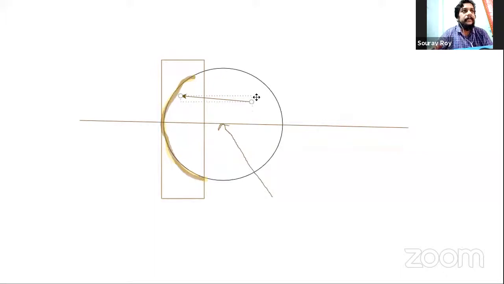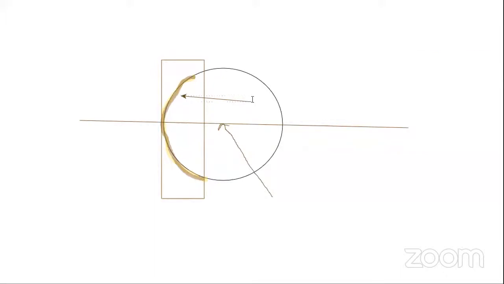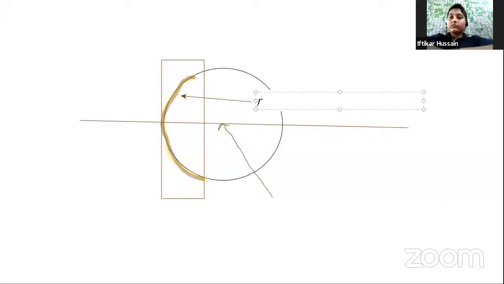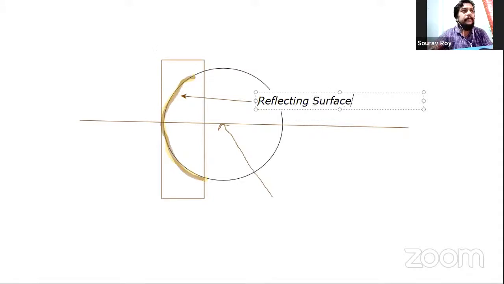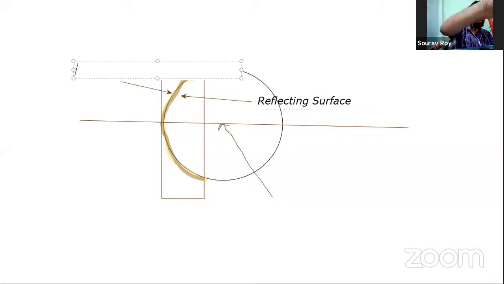If this part would be my reflecting surface, and that portion would be my non-reflecting part. Non-reflecting part. What does that mean?